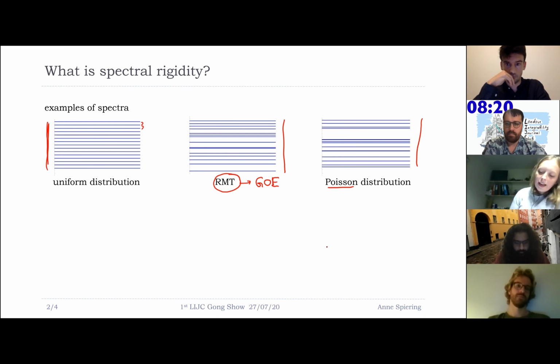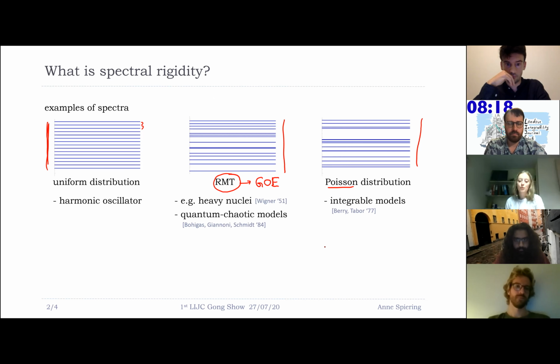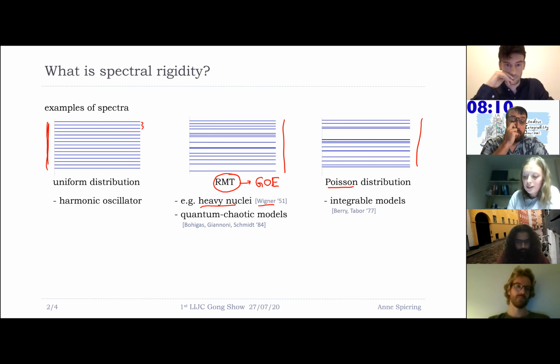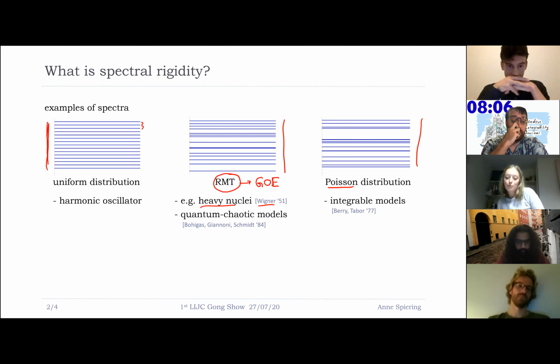And this is actually a very important spectrum for physics. Wigner realized that it very well describes the spectrum of, for example, heavy nuclei, but it also models other types of spectra, and people realized that it describes spectra of quantum models that have classical chaotic analogs.